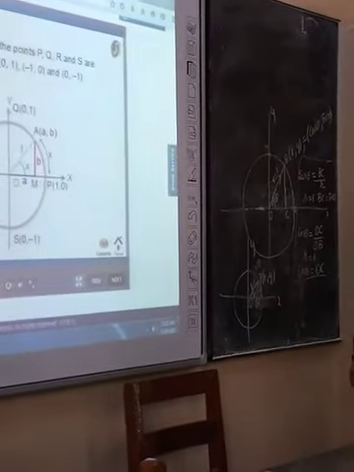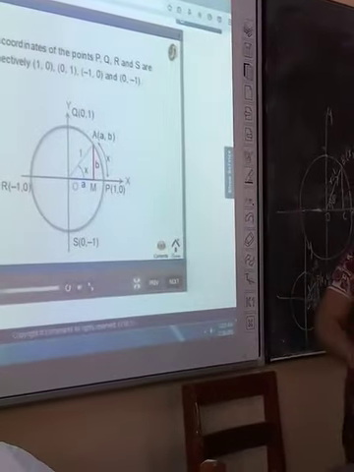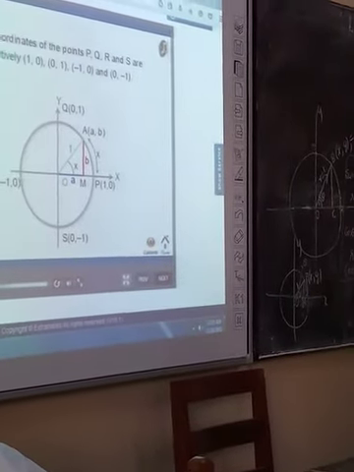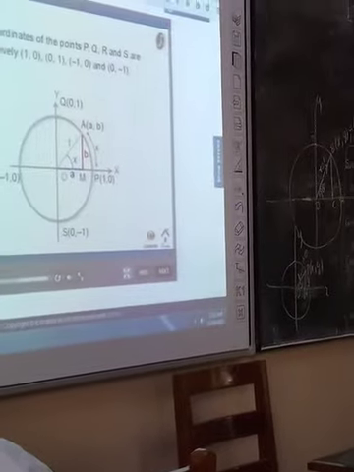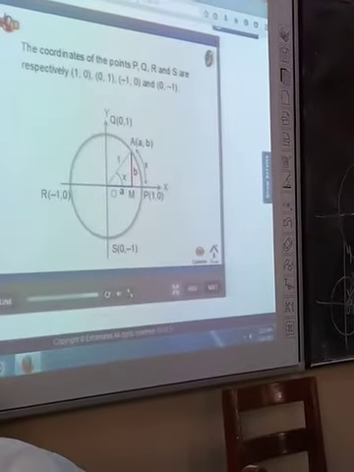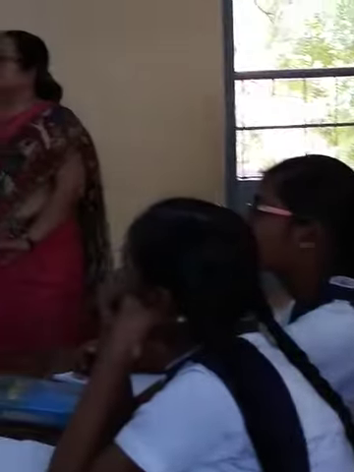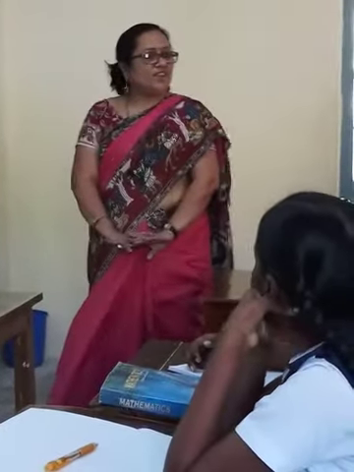The coordinates of the points P, Q, R and S are respectively 1, 0, 0, 1, minus 1, 0 and 0, minus 1. Have you learned the values of 180?